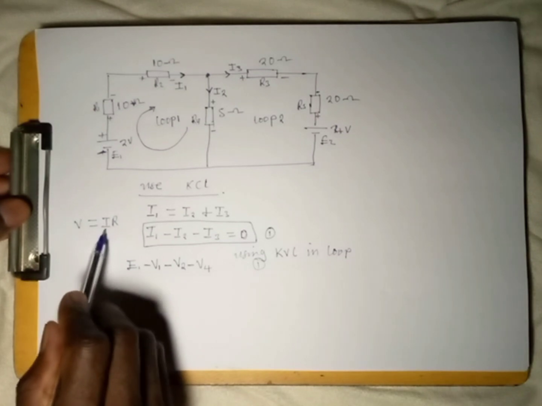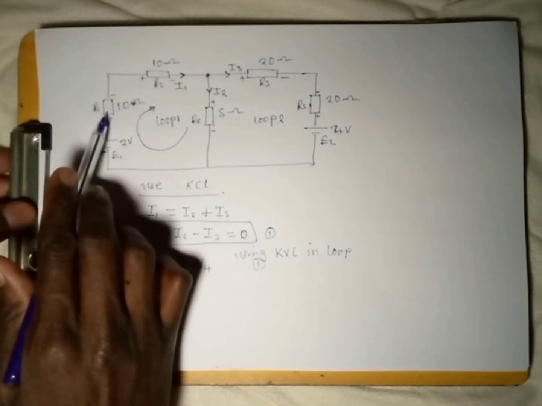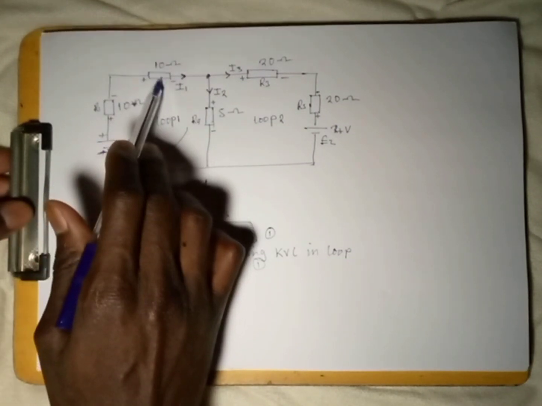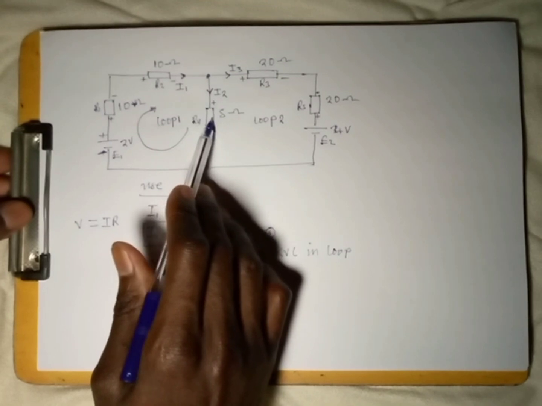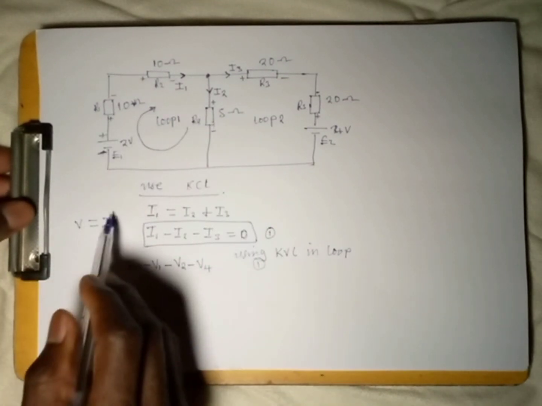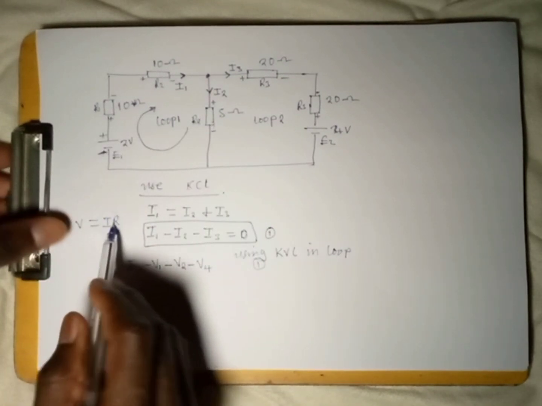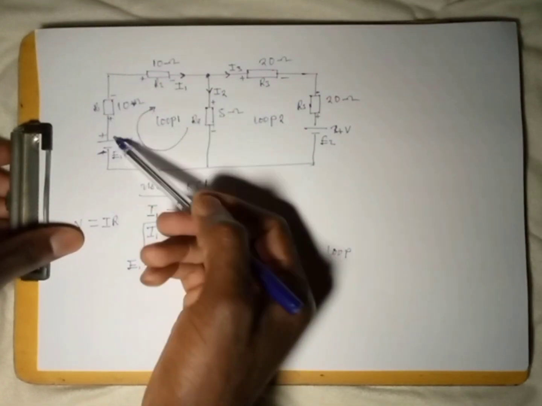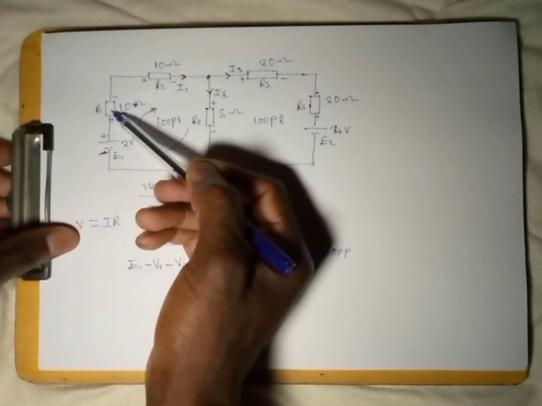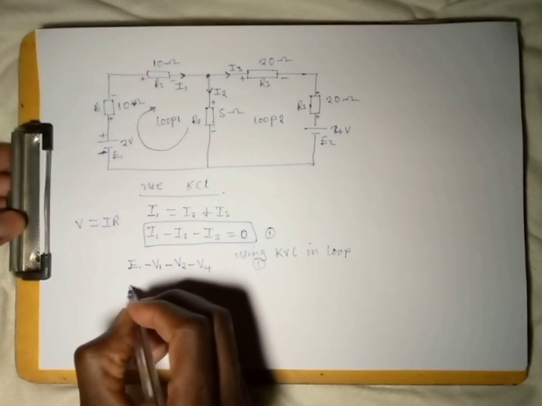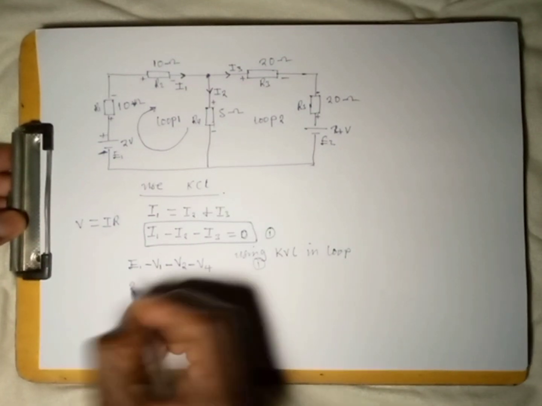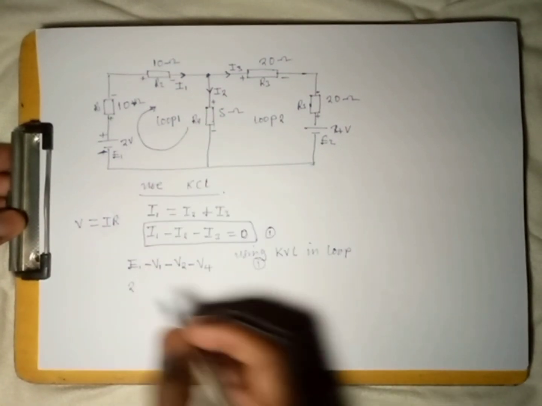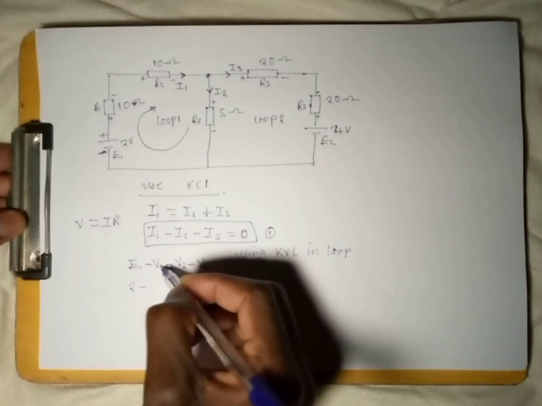So here we have the current. What current is passing through resistor 1? What current is passing through resistor 2? And what current is passing through this? So we are going to put this where there is V1 and its resistor. Here we have current I1 passing through this resistor. So we have 2 as E1 minus V1.